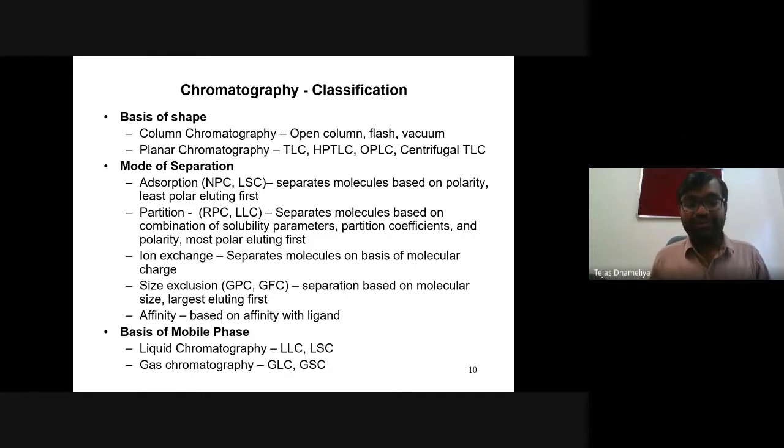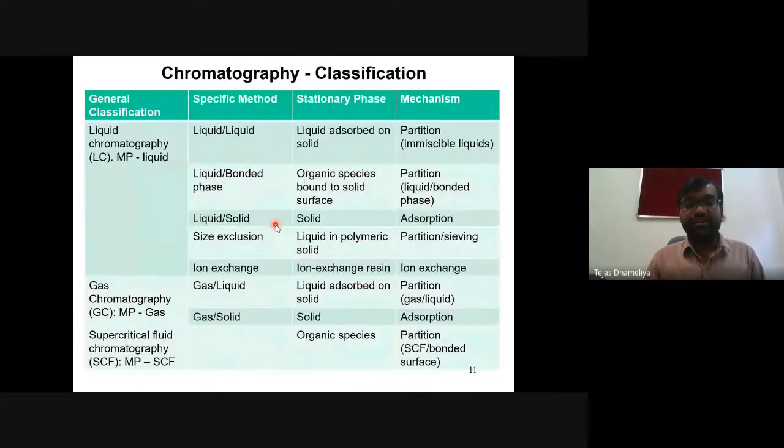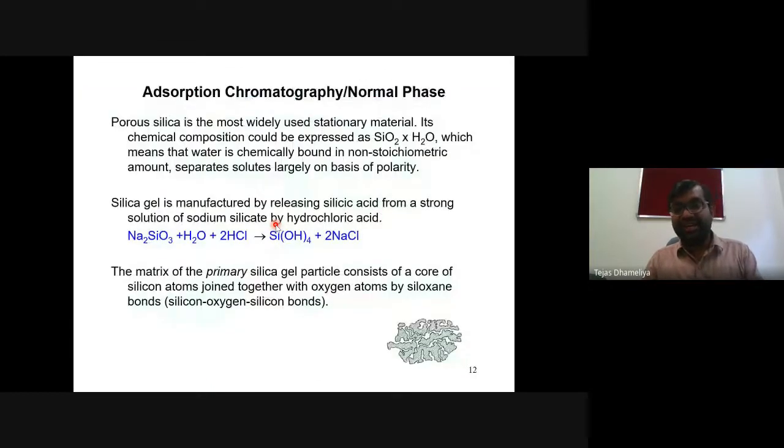In gas liquid chromatography the stationary phase is liquid, and in gas solid chromatography the stationary phase is solid in nature. So depending upon the nature of the mobile phase, these techniques are also classified. Some additional tables are available which highlight these kinds of techniques.